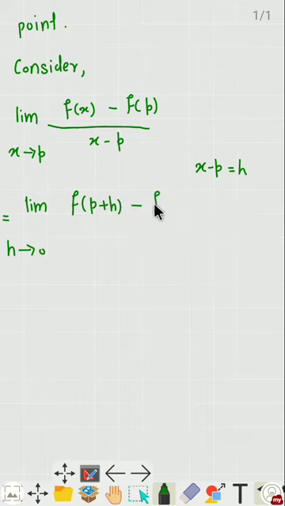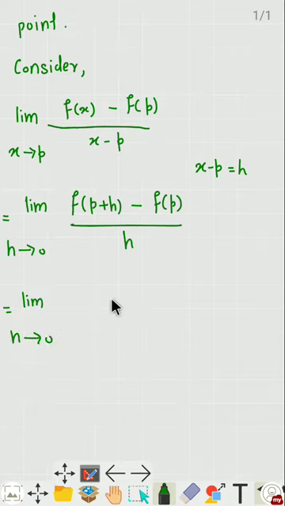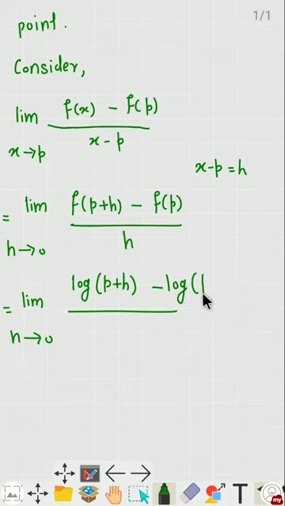So it is equal to the limit h tends to 0. Now f of p plus h means log of p plus h minus log p by the definition of function f, divided by h.